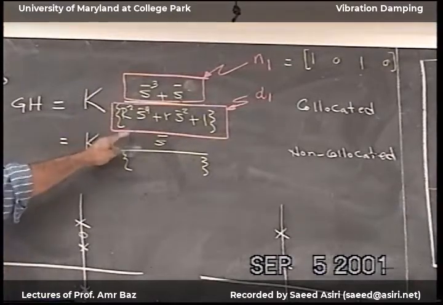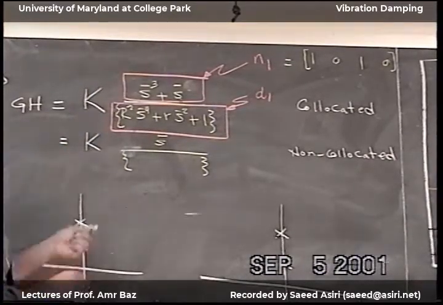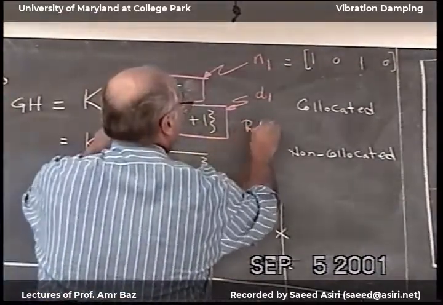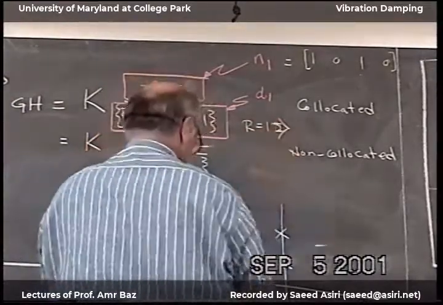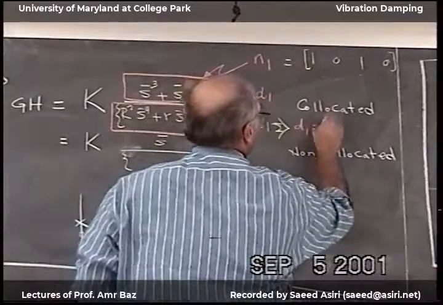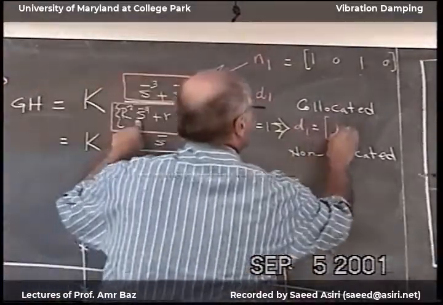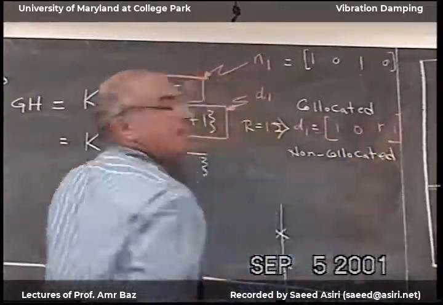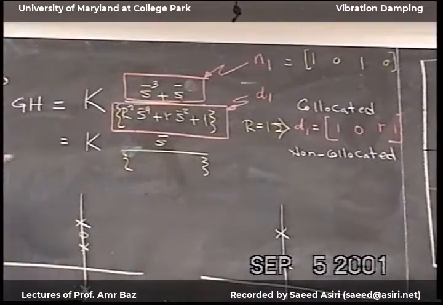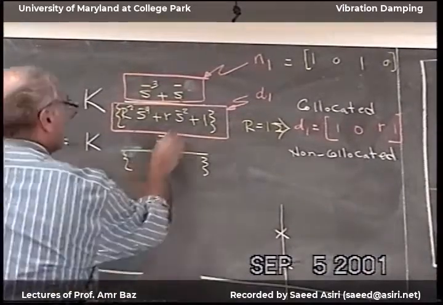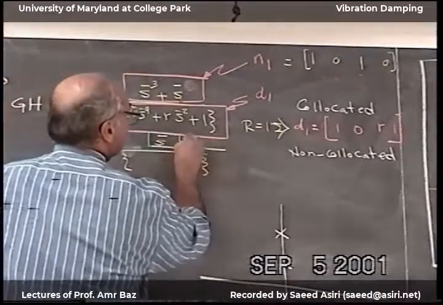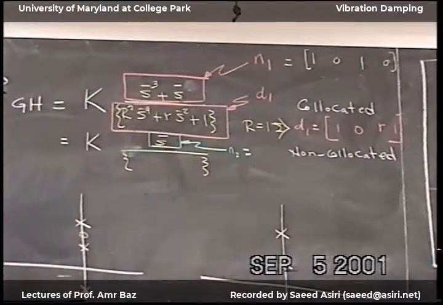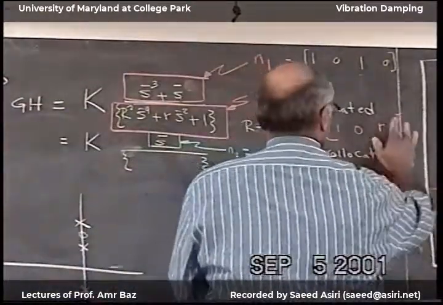Same story here. Now, in the example I gave you, I took R equal to 1. If R is equal to 1, then D1 will equal 1, 0, 0, R, and then 1. Now for the second case, I'll call this N2: 1, 0, R, 0, 1. I'm sorry, 1, 0, R, 0.